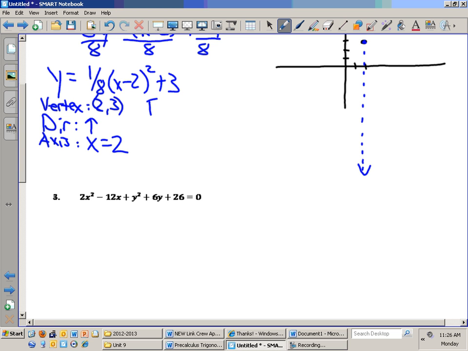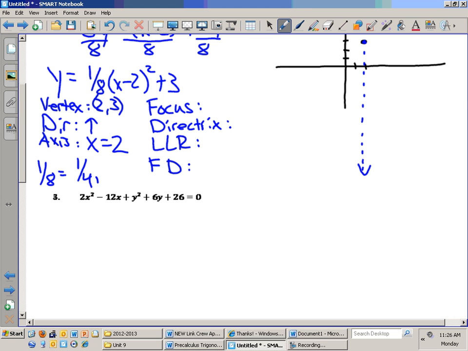I now need the focus, the directrix, the length of the latus rectum, and the focal diameter. There's a special value I need to find in order to find those other 4 pieces. What is it? p. How do you find p? a, which is 1 over 8, equals 1 over 4p. What is that going to make p? 2.